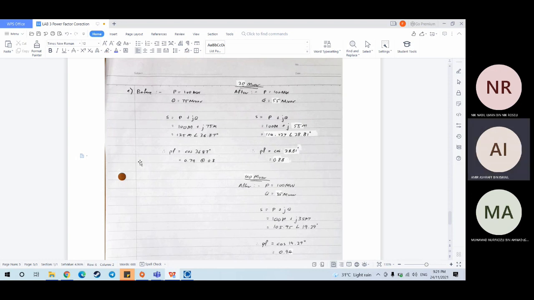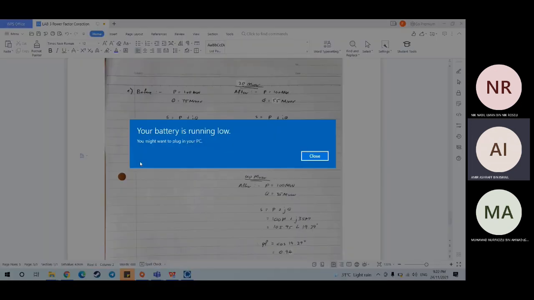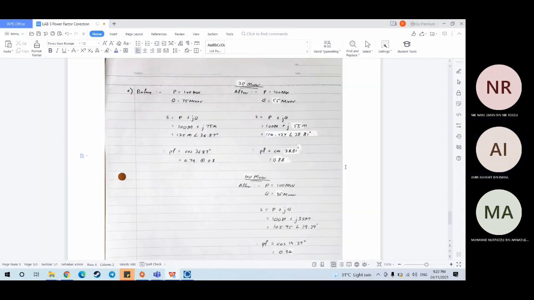To calculate the apparent power, we need to use the formula power plus imaginary reactive power. The value for power is 100 mega, and the value for imaginary reactive power is 75 mega.